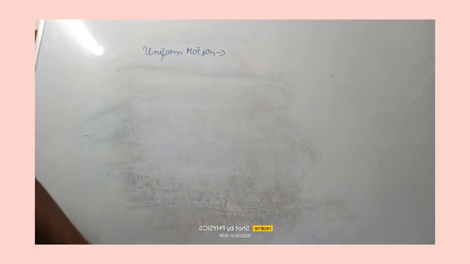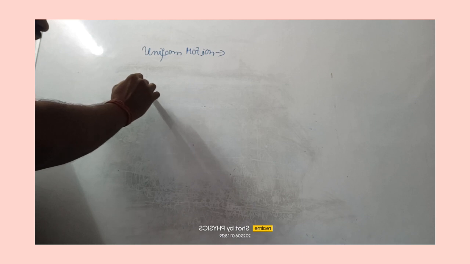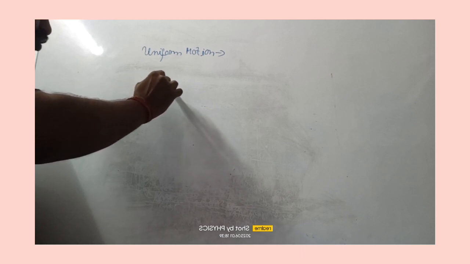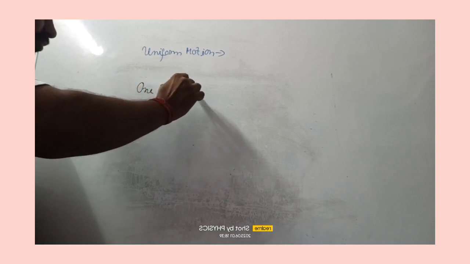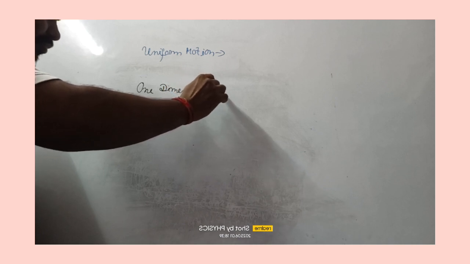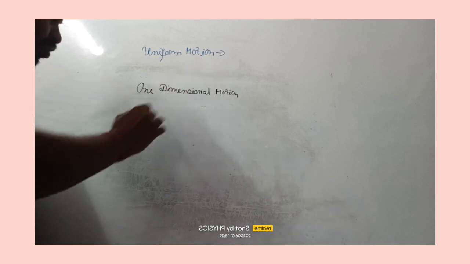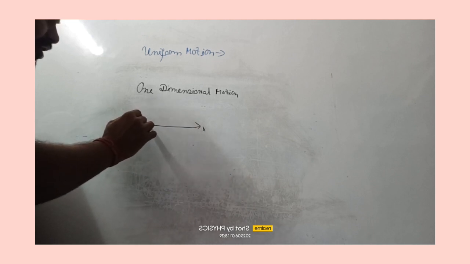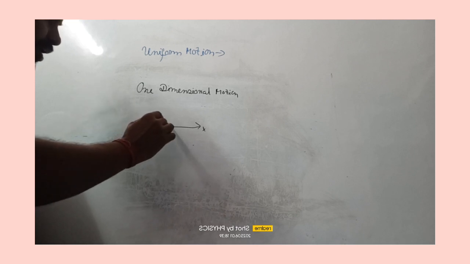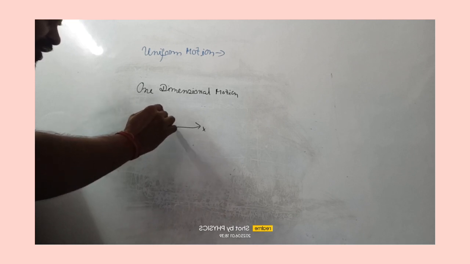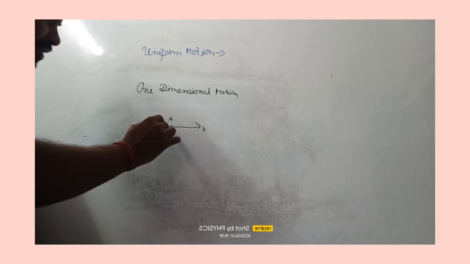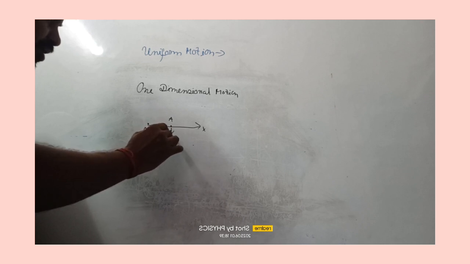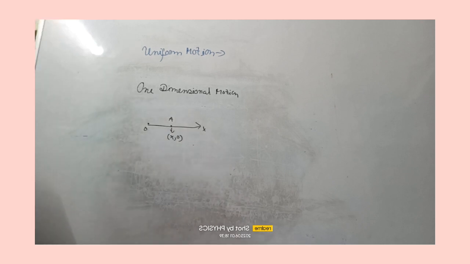In one-dimensional motion, if a particle moves along the x-axis, its initial position is O and it moves to a point A, and let us consider that as x, 0.